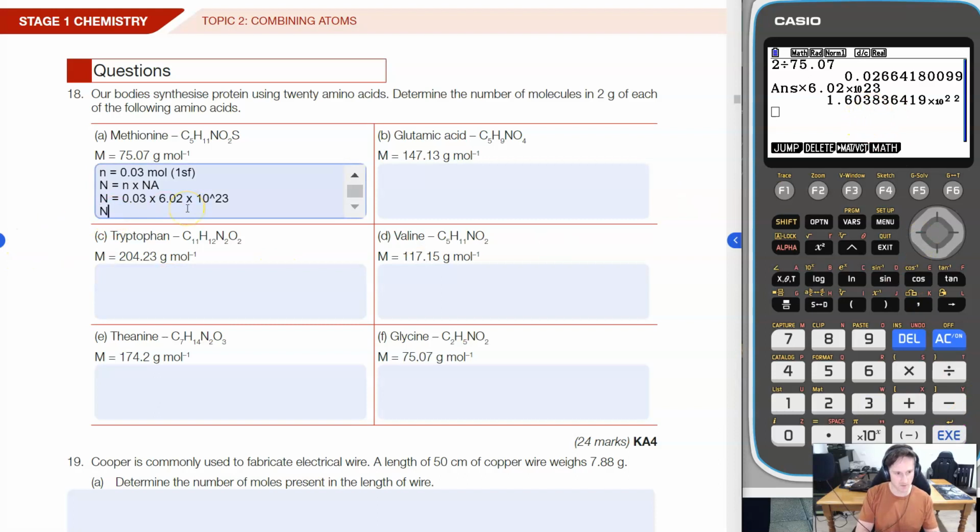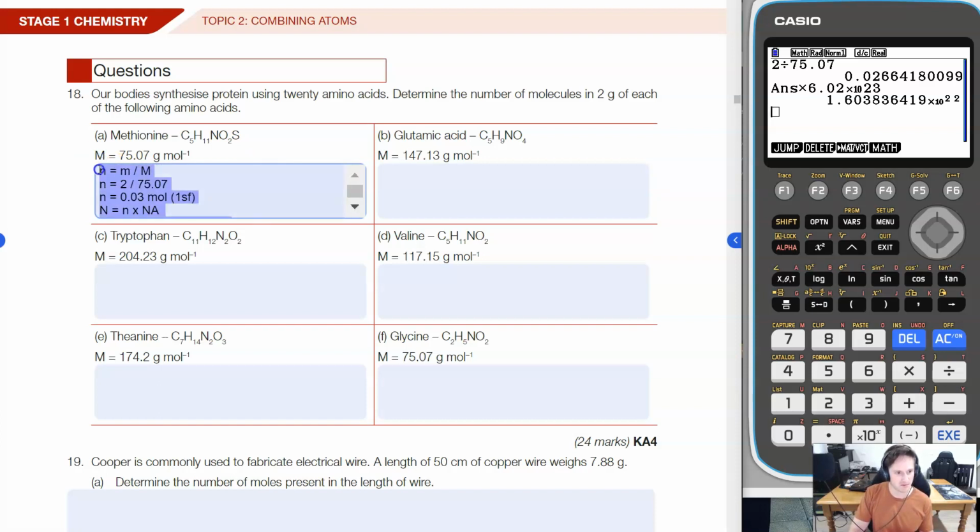So the number of molecules is going to be 1.60 times 10 to the power of 22 molecules. Okay, so for all of these, I can pretty much do the exact same working out step, and I'm just going to substitute and change.